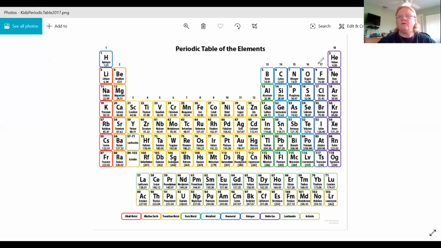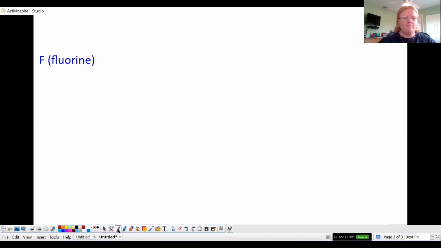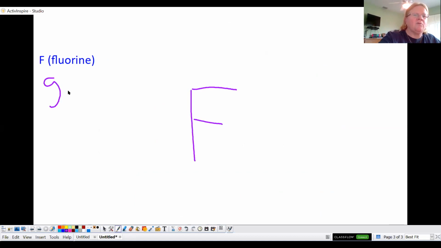And fluorine is right over here. Beautiful circle, right? And fluorine's capital F and is in group 17. So I'm going to write that information down on my workspace. So we've got F, and it's in group 17.